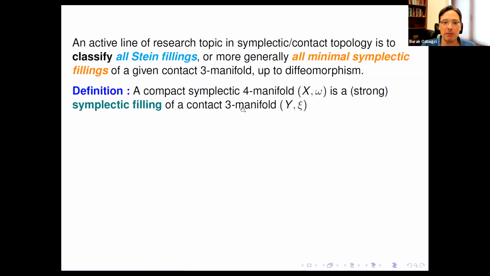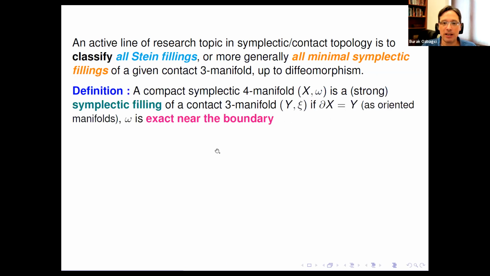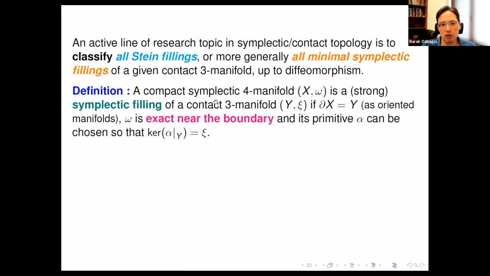So a compact symplectic manifold (X, omega) is a strong symplectic filling of a contact three-manifold (Y, psi) if the boundary of X is Y, omega is exact near the boundary, and its primitive alpha can be chosen so that the kernel of alpha restricted to Y is psi. This is more general than just the Stein fillings. Stein fillings are examples of this type where the form is exact on the whole space.